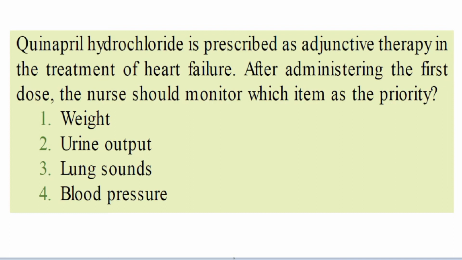The name of the medication is quinapril hydrochloride. Remember that this medication ends with -pril, so this is an ACE inhibitor. An ACE inhibitor is a type of medication for hypertension. So the priority for this one is to look at blood pressure. The nurse should monitor the blood pressure, which is the intended effect for this medication. The blood pressure should go down. So the correct answer will be number 4.